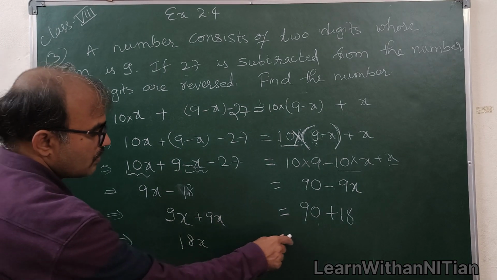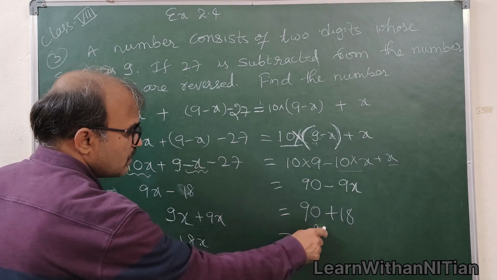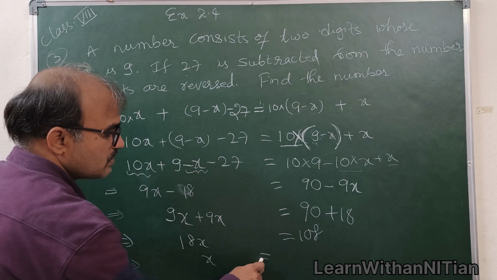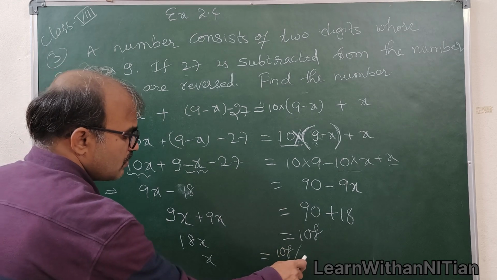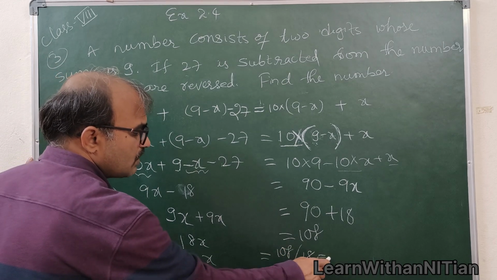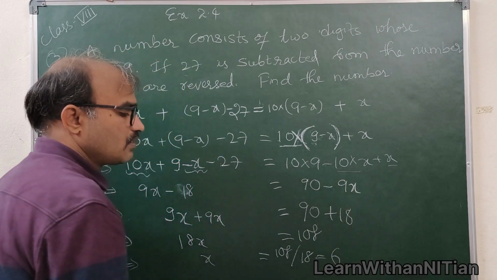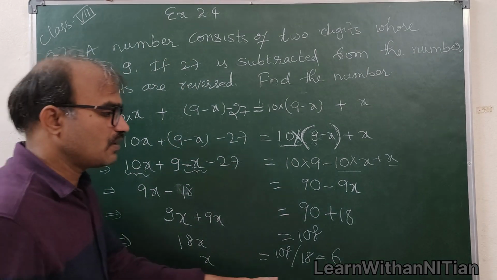Therefore 18x is equal to 108, which implies x is equal to 108 by 18. If you know the 18 table, 18 5's are 90, 18 6's are 108. Therefore the x value is 6.